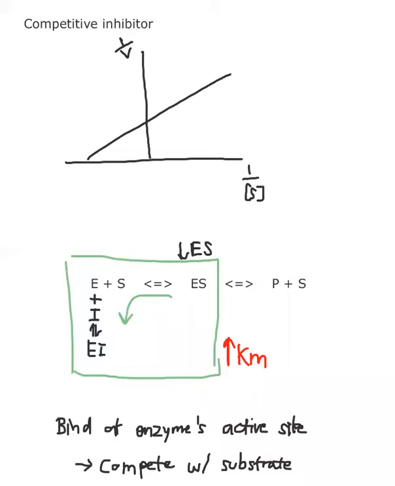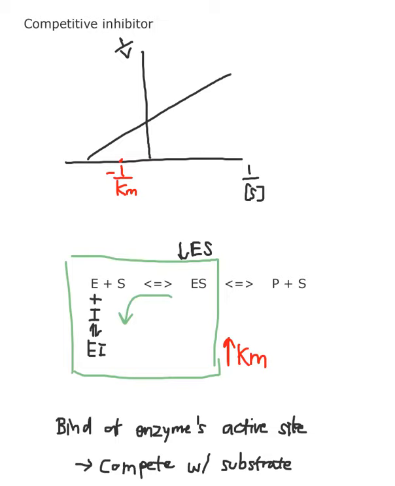So for the graph, you would expect that the value of minus 1 over Km would be lower, right? Because it's already converted here. But this competitive inhibitor will not affect the Vmax because it only affects the Km.